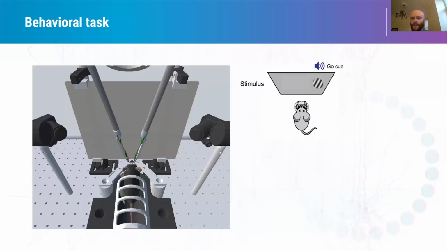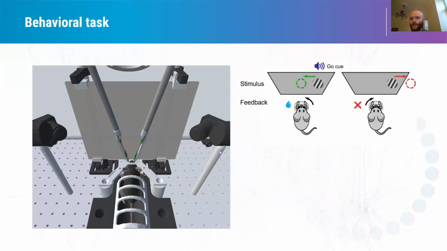It appears on either the left or the right-hand side of the screen, accompanied with a little beep. And the mouse has to move the stimulus via the wheel to the center of the screen. So if it manages to move the stimulus to the center of the screen, it receives a drop of sugar water. If it moves it too far in the wrong direction, there's a timeout period and a white noise burst.